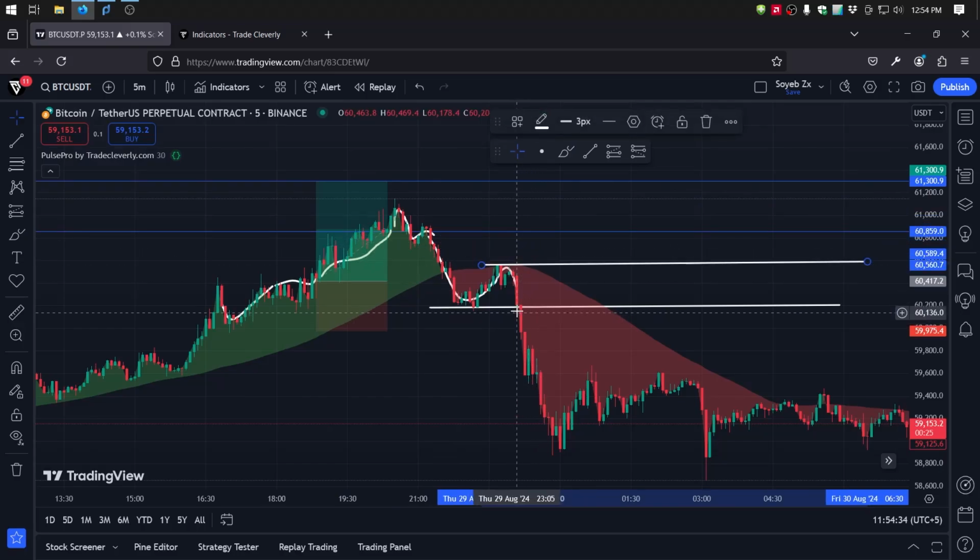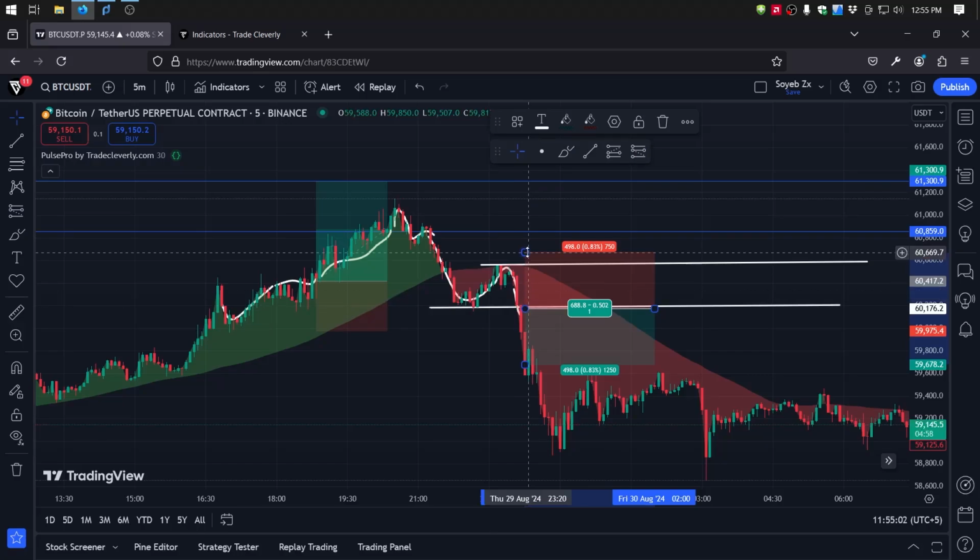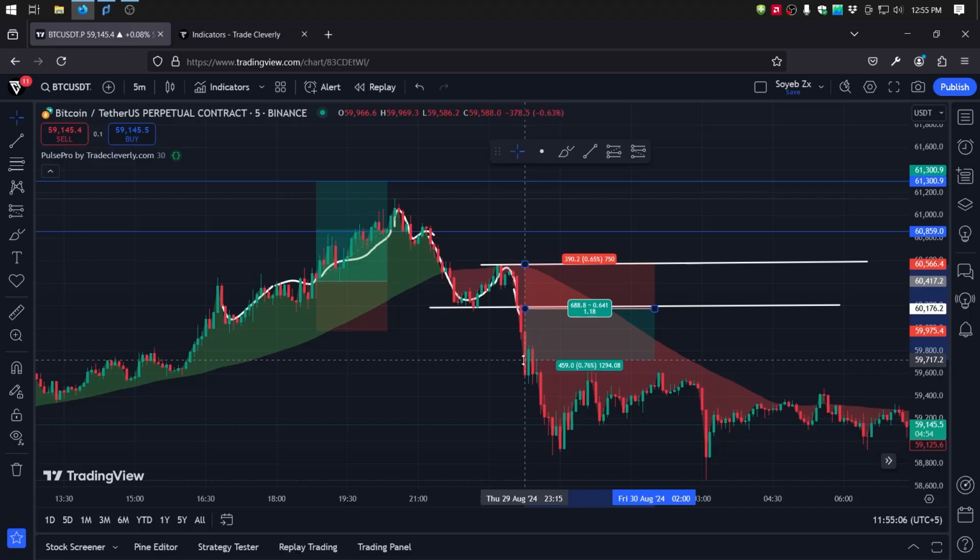Then you can see the price is successfully crossing down our swing low again, and the market is bearish, and the signal is received from our Pulse Pro indicator. So now we can take a sell position here without any hesitation, and our stop loss will be the recent swing high, and our first profit target will be 1 times the stop loss, and our second profit target will be 2 times the stop loss.